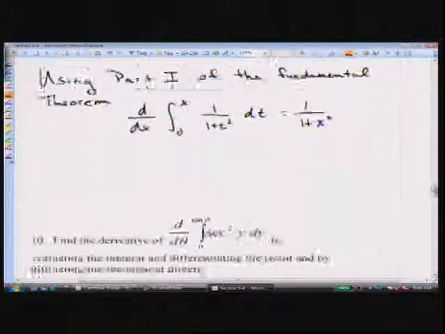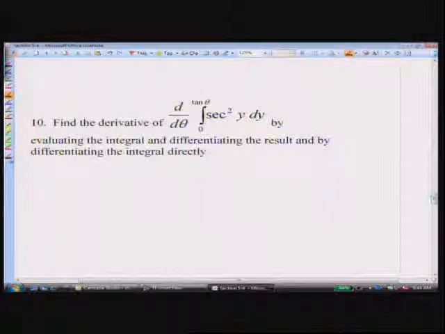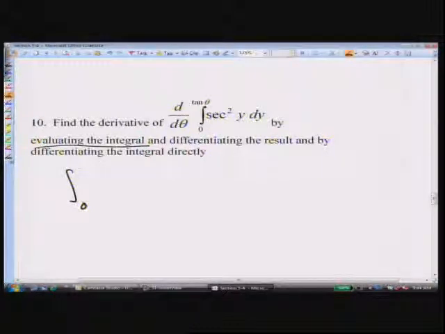So for example, this one, let's do it both ways. Okay, so let's first evaluate the integral. So we're going to evaluate the integral from 0 to the tangent of theta, secant squared y dy. Okay, now what is the antiderivative of secant squared? What function has as its derivative secant squared?